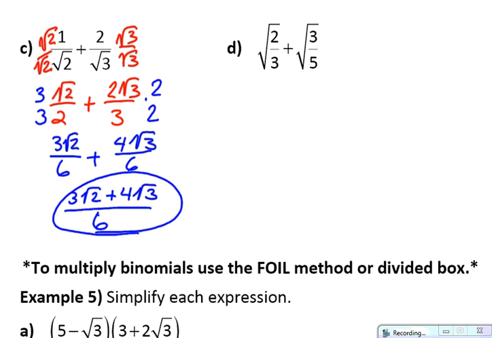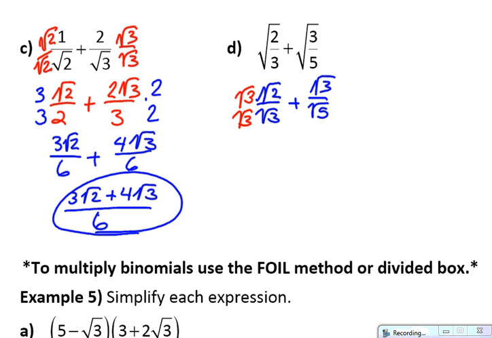D, different looking, but still the same situation. So I'm going to break this up and say square root of 2 over square root of 3 plus square root of 3 over square root of 5. Let's go about it the same way. So rationalize. So we'll do square root of 3, square root of 3 here.